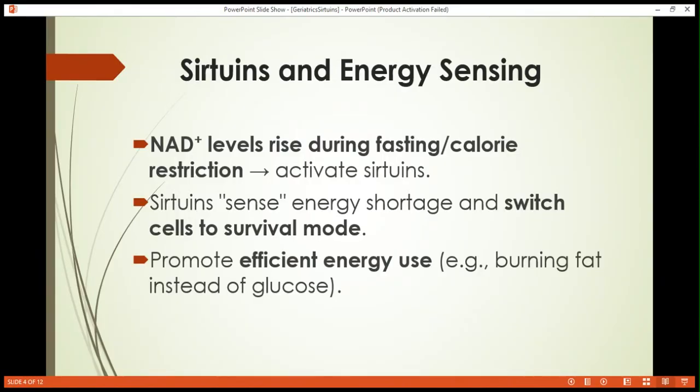For example, by burning fat instead of glucose, because for the body to generate energy from glucose, it takes a little bit longer compared to when it generates energy from the burning of fat.